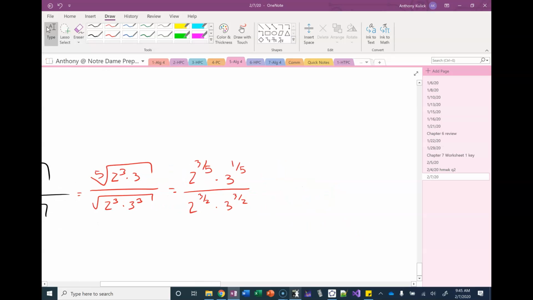So far, so good. Okay, so that's going to be 2 to the 3/5 minus 3/2 times 3 to the 1/5 minus 3/2.